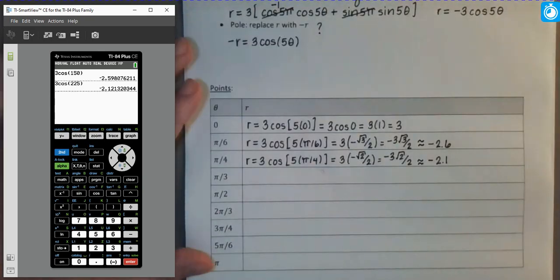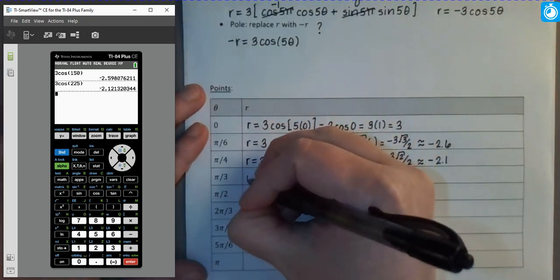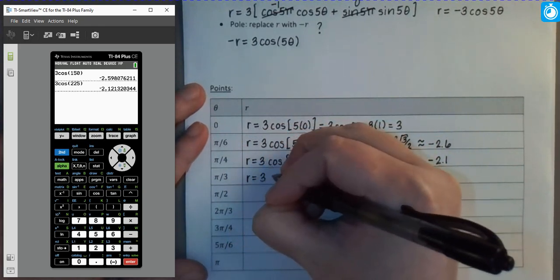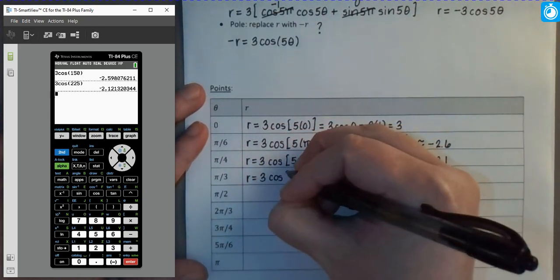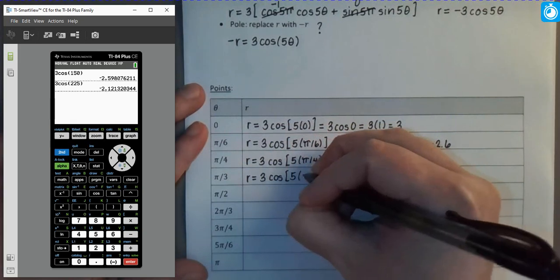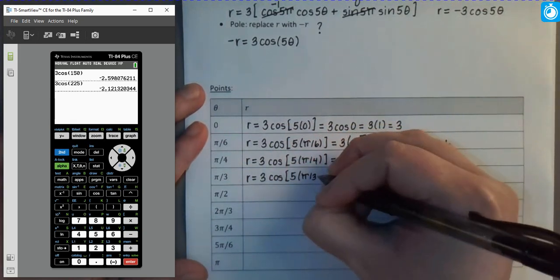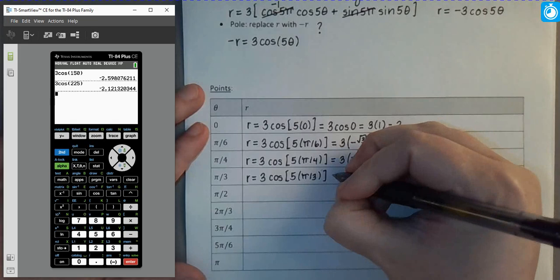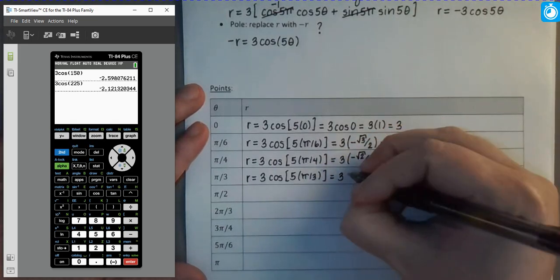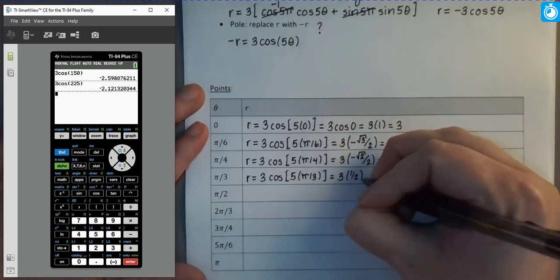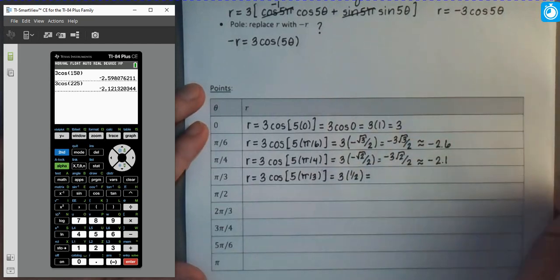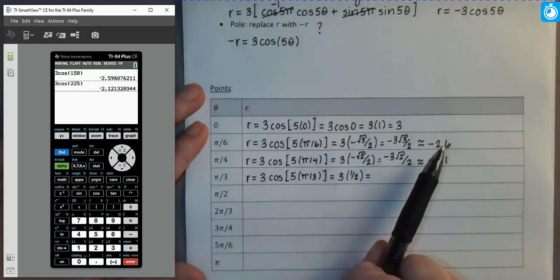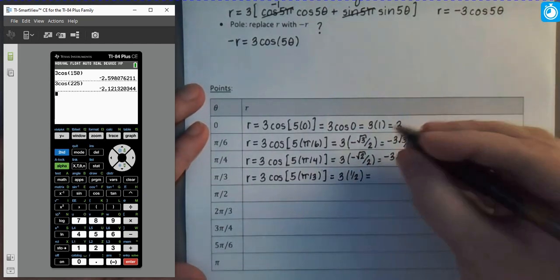Okay, let's keep going. Pi over 3, so r is equal to 3 times the cosine of 5 times pi over 3. So 5 pi over 3. We know the cosine at 5 pi over 3 radians is going to be 1/2. So that's going to be 3 times 1/2. Now notice the value went positive here. So we've gone from positive to negative to negative to positive.